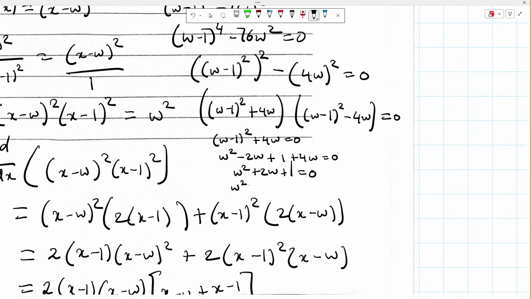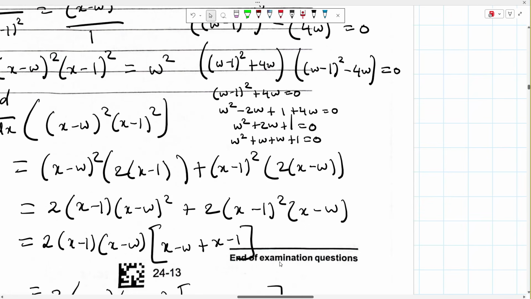We can do w squared plus w plus 1 is equal to 0. If we factor out a w, or better yet, instead of doing all of this, you can just recognize that w squared plus 2w plus 1 is actually just w plus 1 squared.